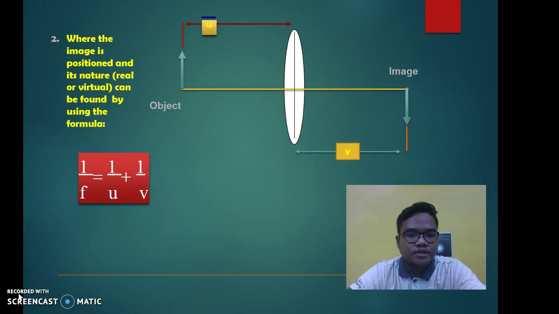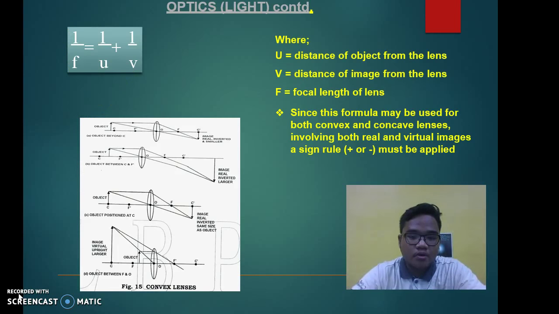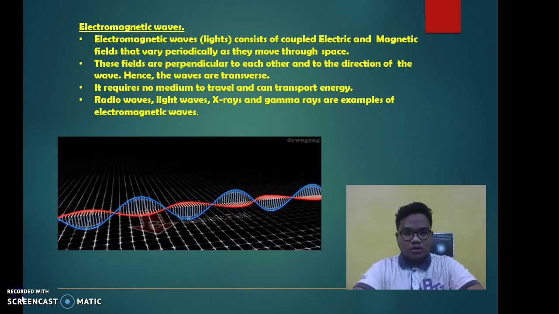Where the image is positioned and its nature, real or virtual, can be found by using the formula 1 over f equals 1 over u plus 1 over v, where u is the distance of the object from the lens, and v is the distance of the image from the lens.